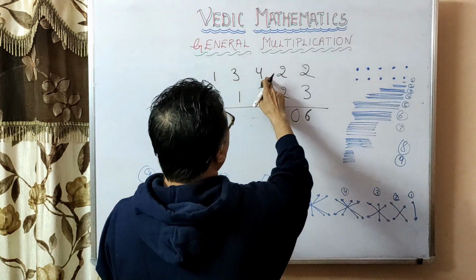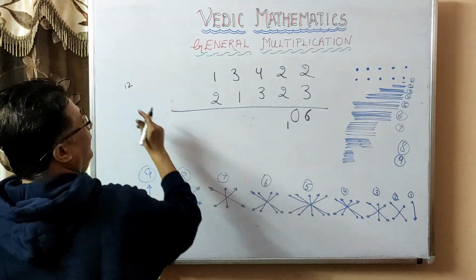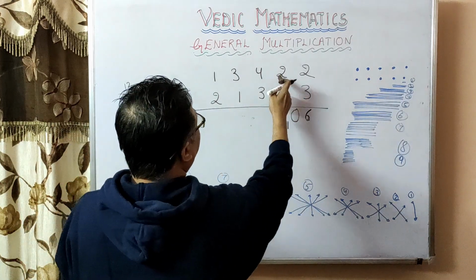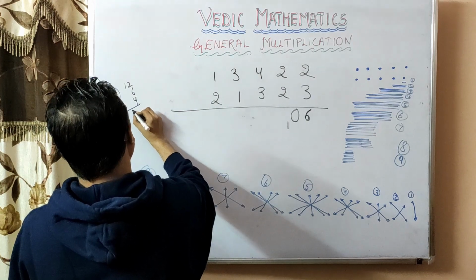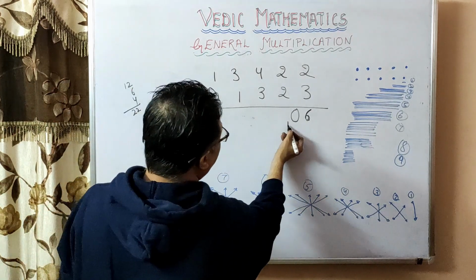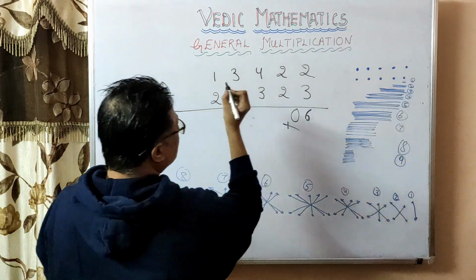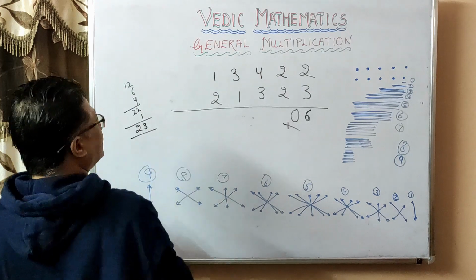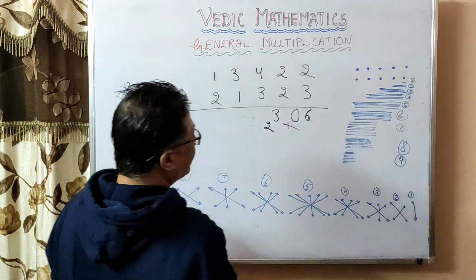In step 3, 4 3s are 12. Then 3 2s are 6 and 2 2s are 4. 6 and 4 is 10. 10 and 12 is 22. And we have 1 to carry forward. So we cross this and we have 23. So I write 3 and I write 2 for carrying forward.